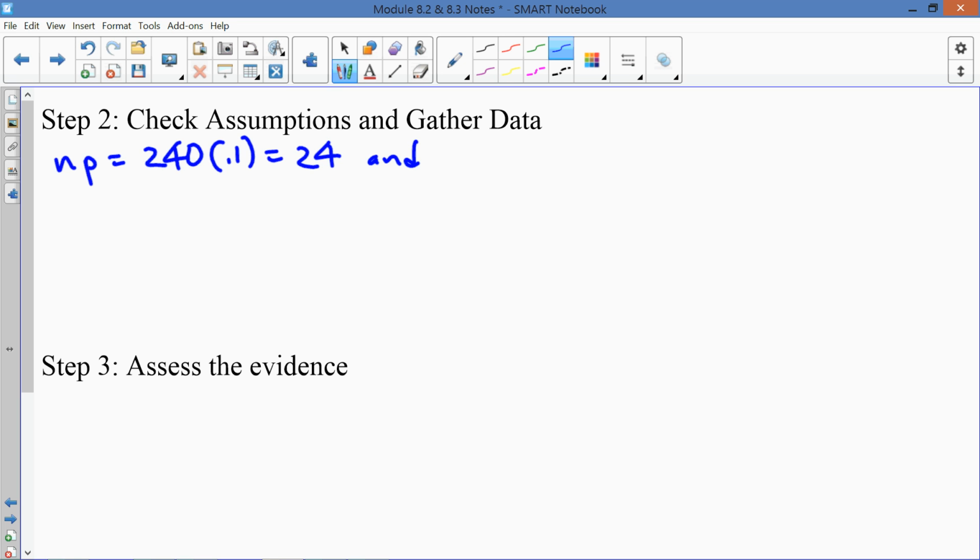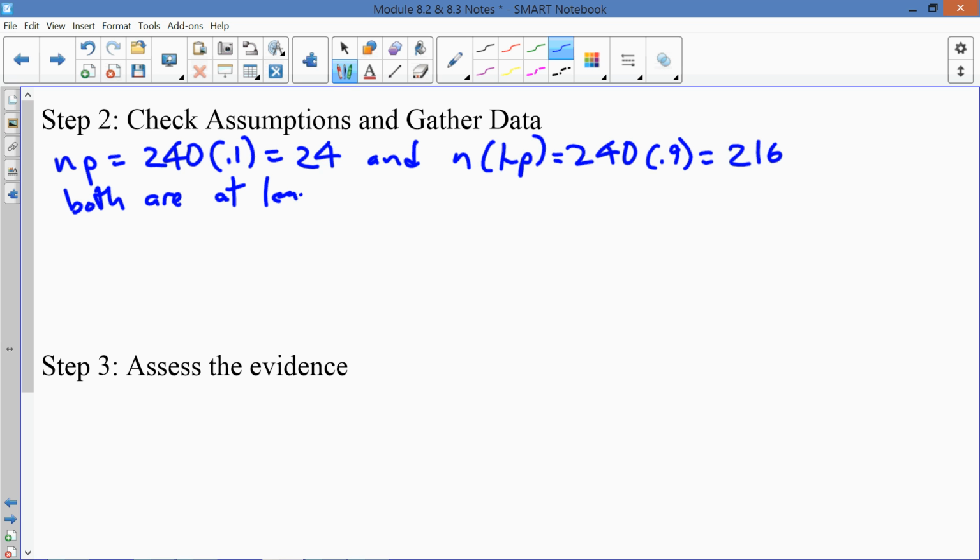And I need to check N times 1 minus P. Well, that's going to be even bigger because we're going to use 90% for that. So that's 240 times 0.9, which is equal to 216. Both of these are at least 10. So the normal distribution holds, and that's very important.